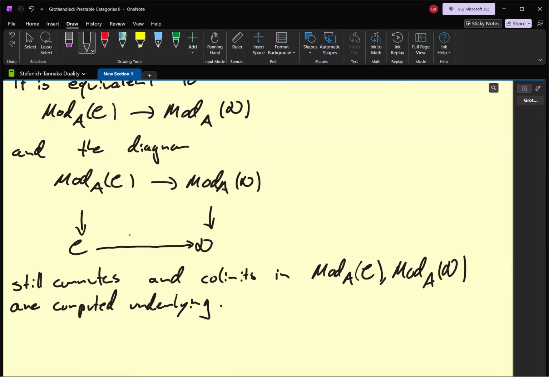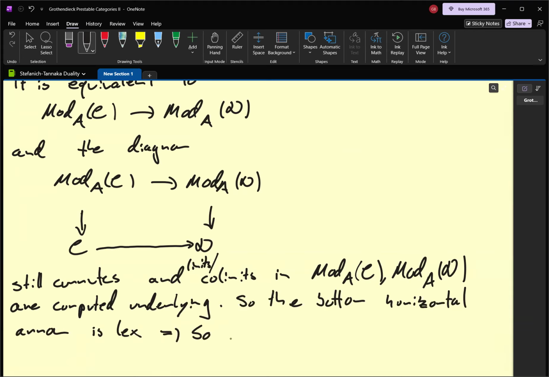But now the bottom guy here is an equivalence, is left exact, so it preserves limits and colimits. So the bottom horizontal arrow is Lex, and thus so is the upper one. This is the way you prove this result, and you really need this identification here.